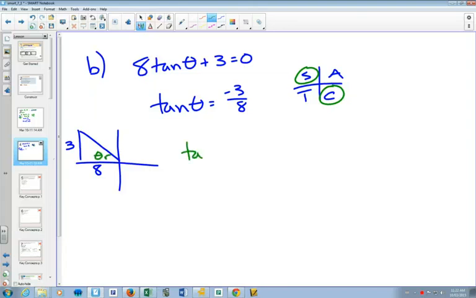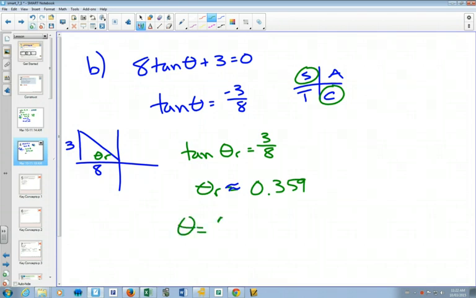So when we find what our reference angle is, we go tan inverse of 3/8. And we get 0.359. Then in quadrant 2, squiggle brackets, rounded would be 2.78.